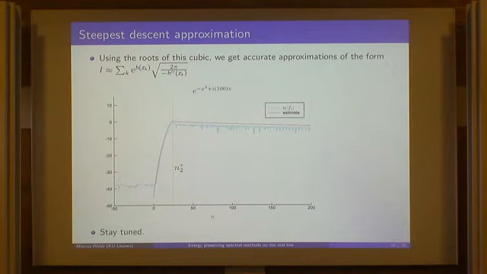The blue is the coefficients of this complex wave packet, and the estimate derived from steepest descent is this red line, which matches it exactly. And this N2 here is where the stationary point reaches the imaginary axis.